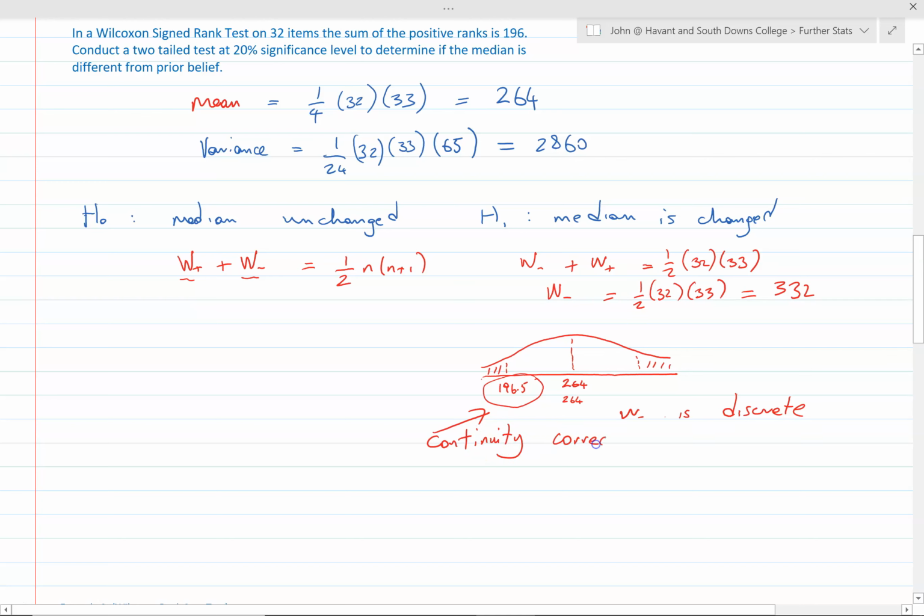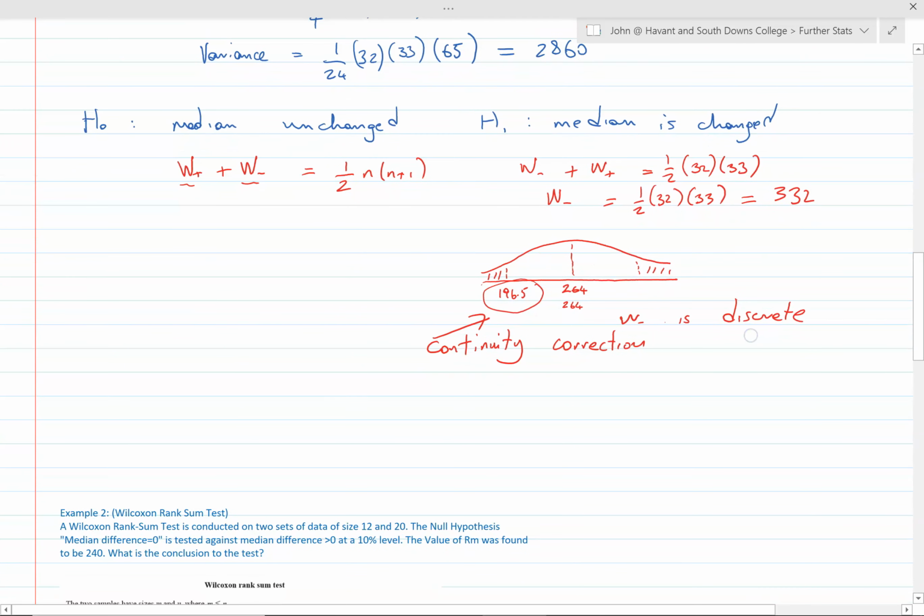We've seen it before when we did the binomial approximation using the normal distribution, which is a similar idea: binomial is discrete, and for large values of n, where p is close to 0.5, you can use the normal distribution. So here we're using the normal distribution and we need to do a continuity correction.